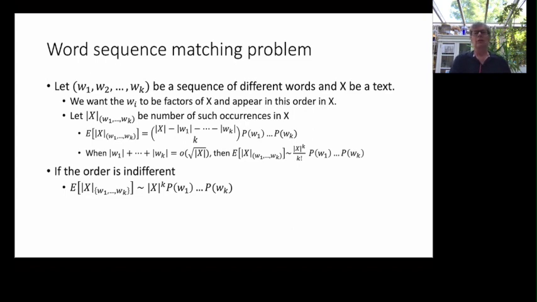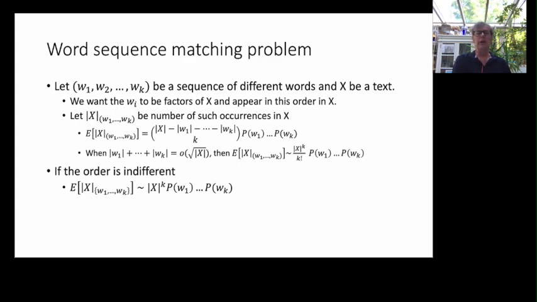Here is a word sequence matching problem. Imagine a sequence of different words, W1, W2, up to WK, K words, and a text X. We want to check the following property: whether the factors Wi appear in this order in X. We denote by the number of such occurrences in X. We have the expression for this average number.